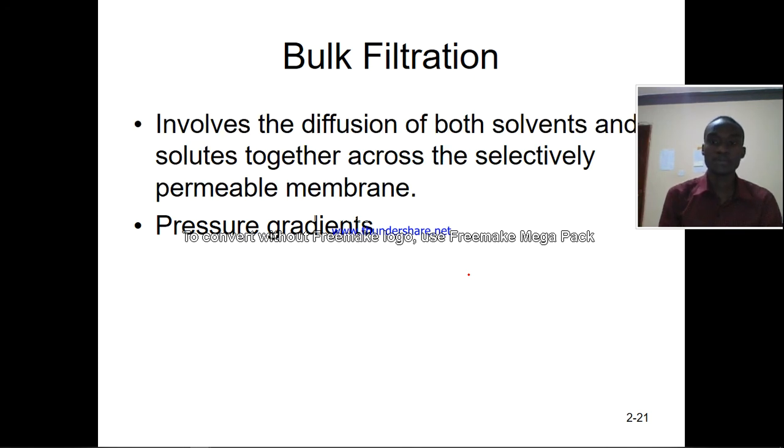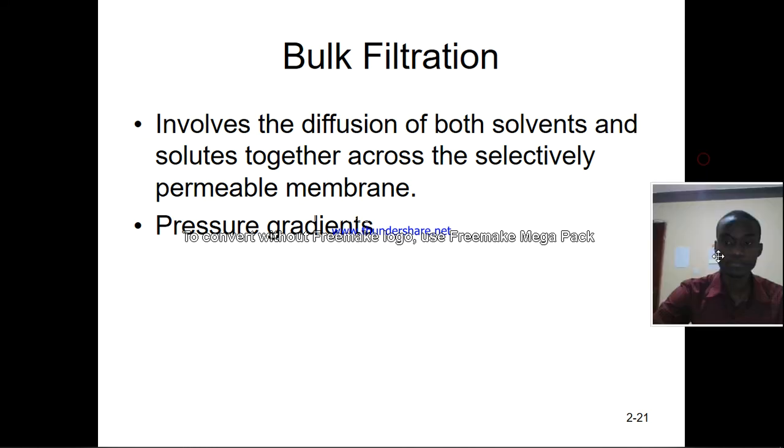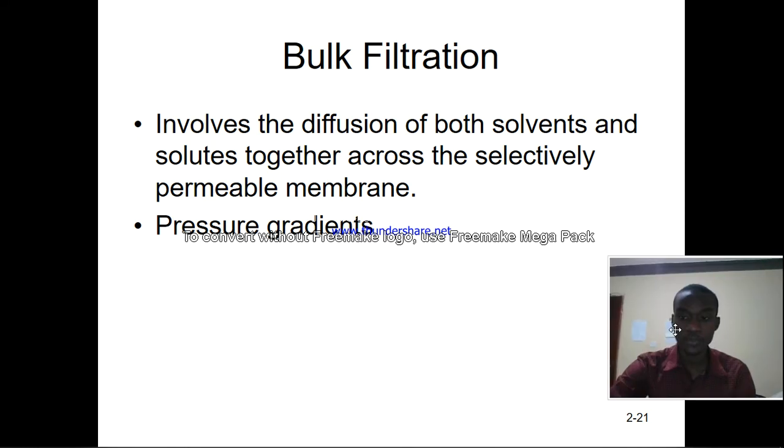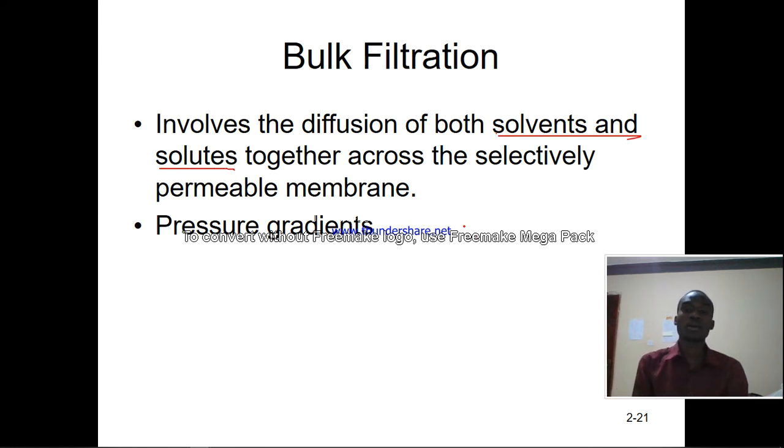The other mechanism of transportation is the bulk filtration mechanism, and this one involves diffusion of both solvents and solids. So we said this one is applied to solutions. That is what we are talking about, the diffusion of both solvents and solids.